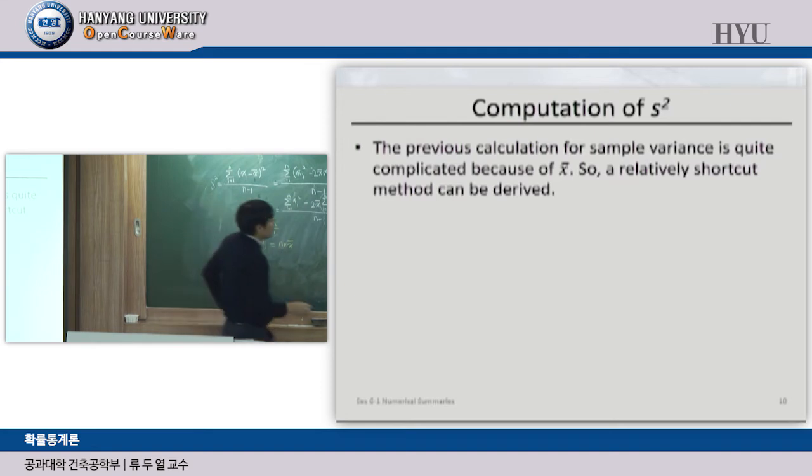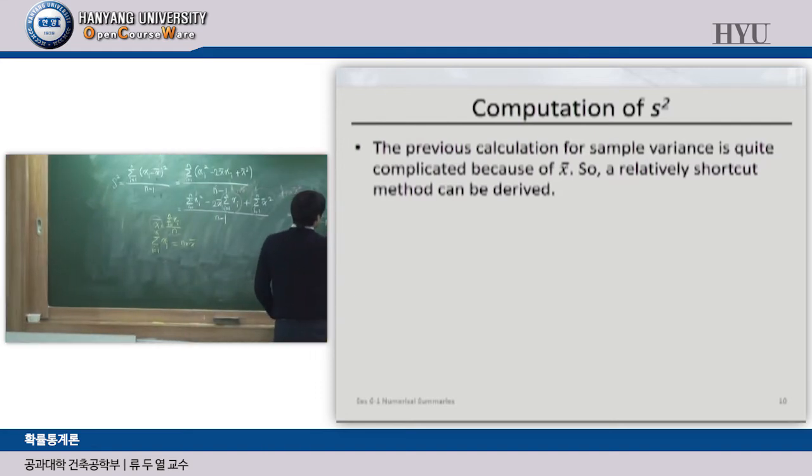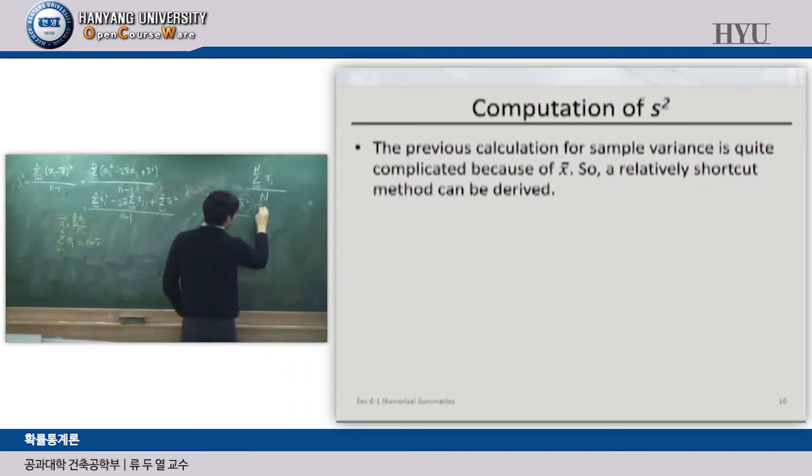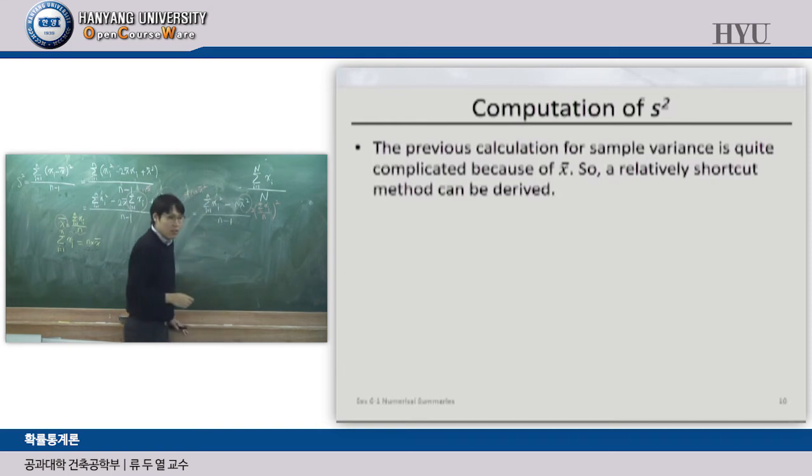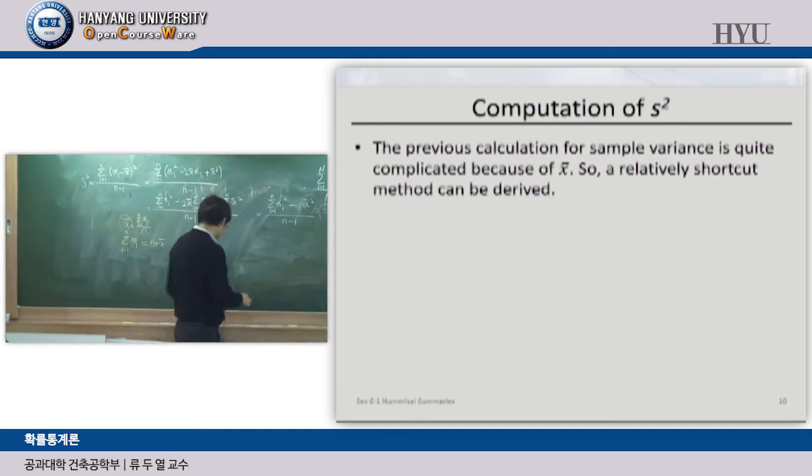So this can be written as the summation of xi over n, squared. Right?